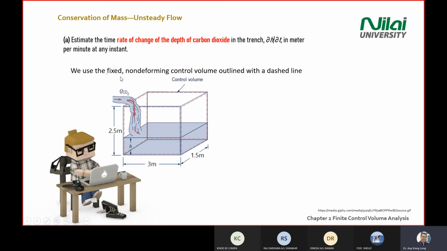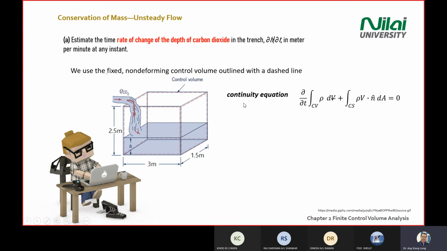Since we are using a fixed non-deforming control volume, you need to highlight it in your sketch. If this comes out in your test, remember always to highlight your control volume. Sketch the control volume, just follow the outline of the object, and you'll score 1 mark for the effort of defining the control volume.